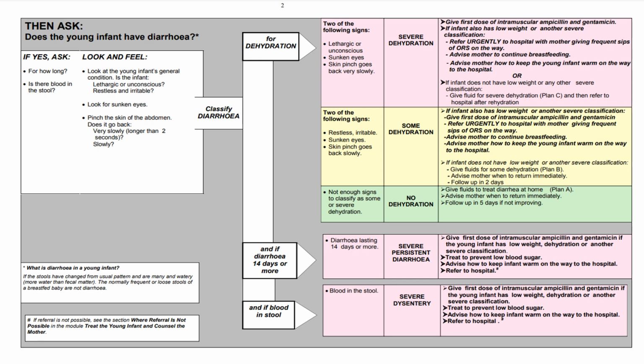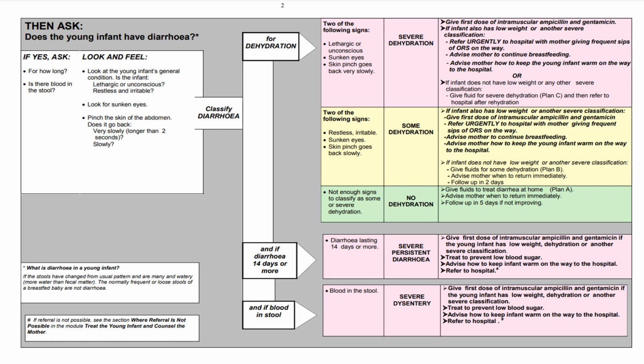So always remember the classification of dehydration is no dehydration, some dehydration and severe dehydration. In case of no dehydration, we give fluids to treat diarrhea at home as per Plan A, and we advise the mother when to return immediately after explaining the danger signs.